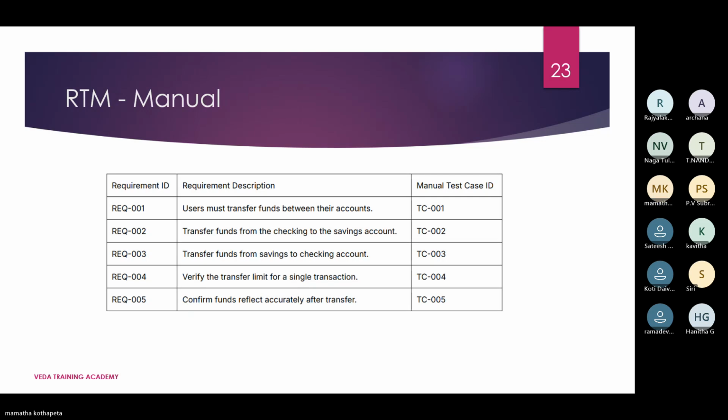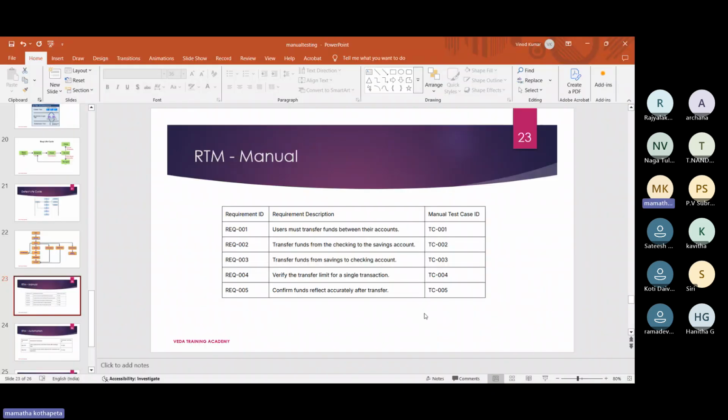Okay. Now, let's go back to Excel. It just might confuse you otherwise. What is the first one? Requirement ID. Right? What is the second one? Can someone quickly try? Requirement description. Correct.